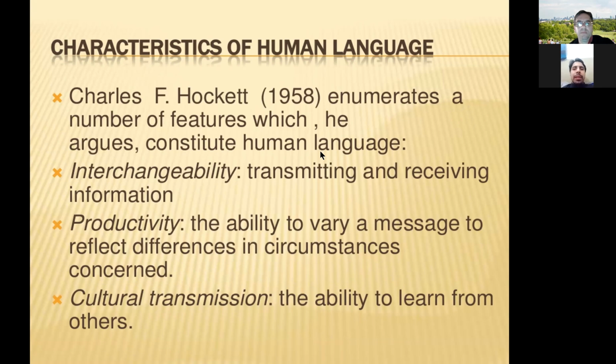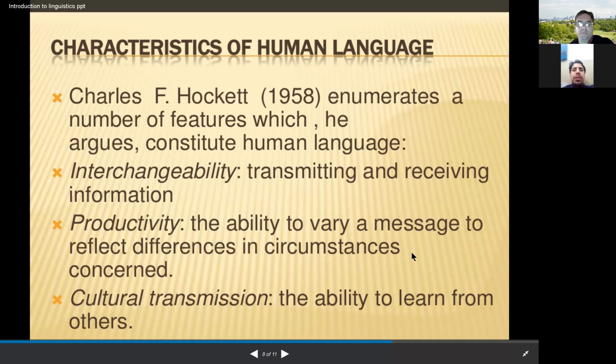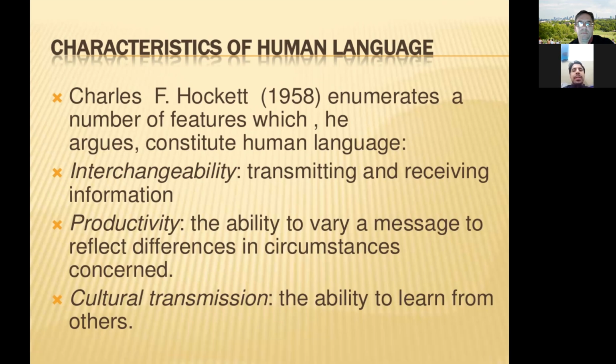This is one of the key characteristics a human language possesses. Then we have productivity, the ability to vary a message to reflect differences in circumstances. Then we have cultural transmission: whatever language was used by the adults, by our parents, they have transmitted, and now we are using it, and then our offspring, and so it goes.